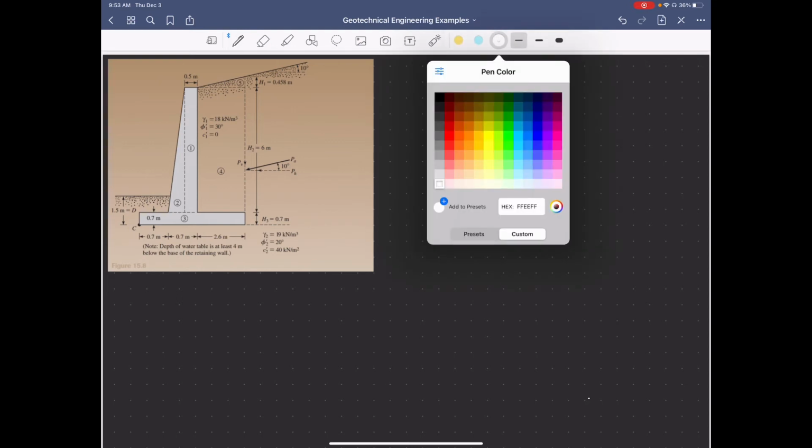And from this figure, we can say that the sliding will be caused by the horizontal component, which is P sub H, while the resisting force against sliding will be the shear here at the base of the retaining structure, and of course the passive pressure here.